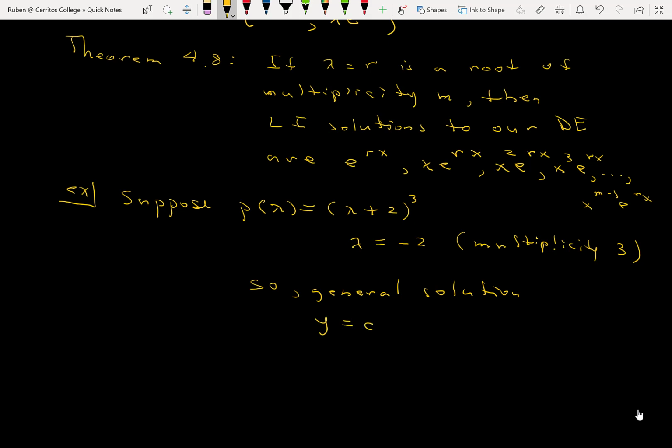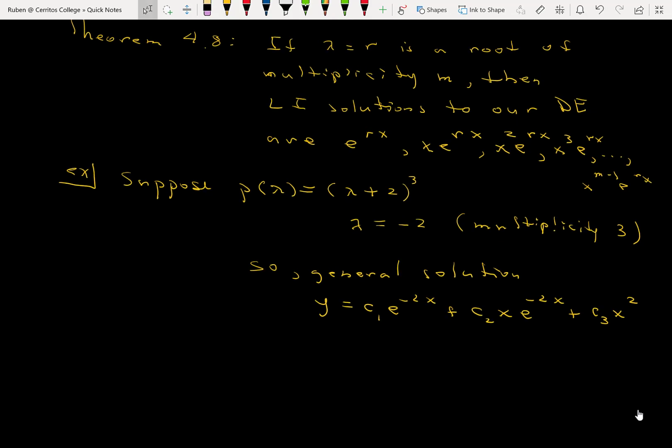It's y equals c1 e to the minus 2x plus c2 x e to the -2x plus c3 x squared, one less than the number of our multiplicity, x squared e to the minus 2x.